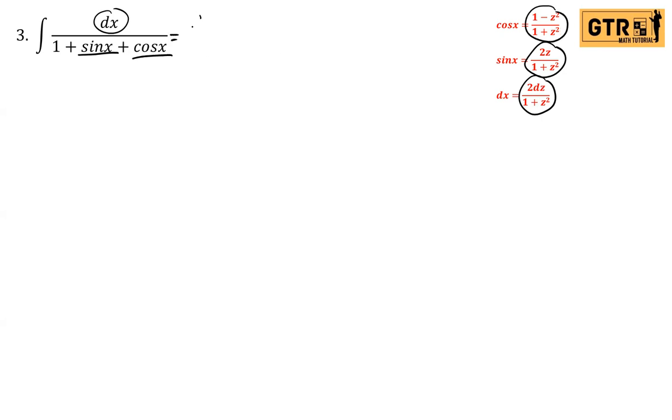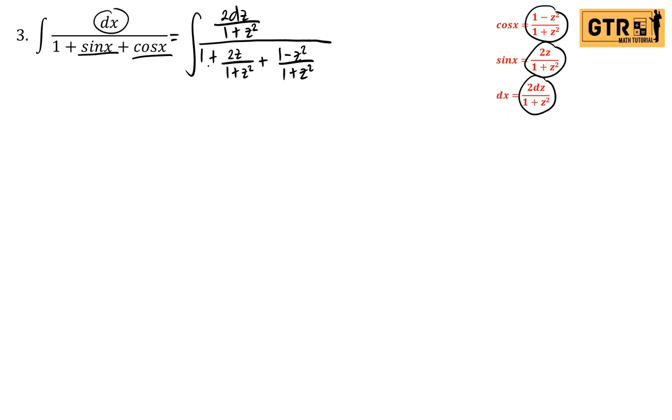Okay, so therefore we have integral of dx, so we have 2 dz over 1 plus z squared all over 1 plus sine x. So we have 2z over 1 plus z squared, and then plus cosine x. So we have 1 minus z squared over 1 plus z squared.